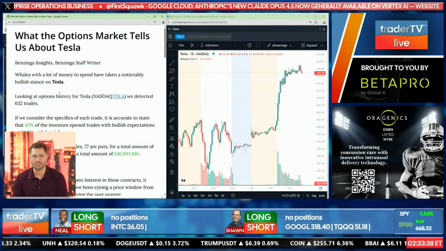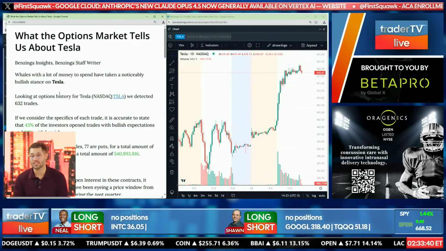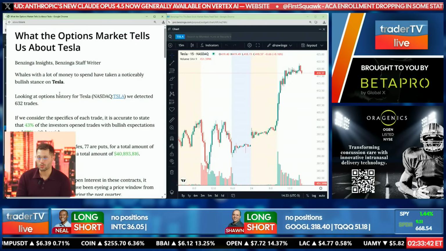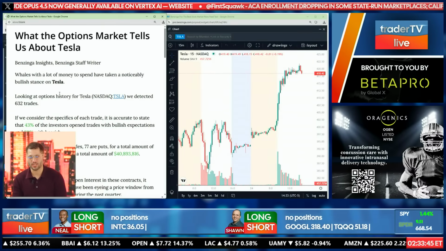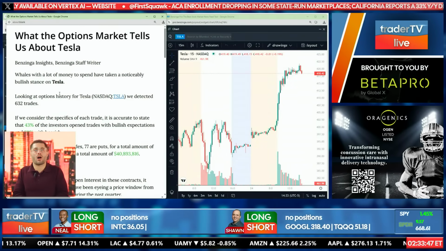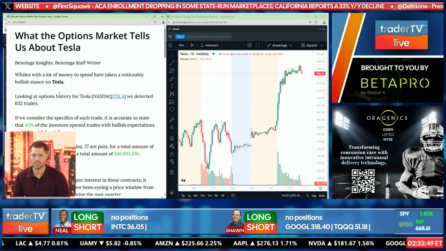A strong technical breakout today from an intraday standpoint, holding the 420 level relatively well. We're trading at 418 right now. But what is the options market telling us about Tesla?